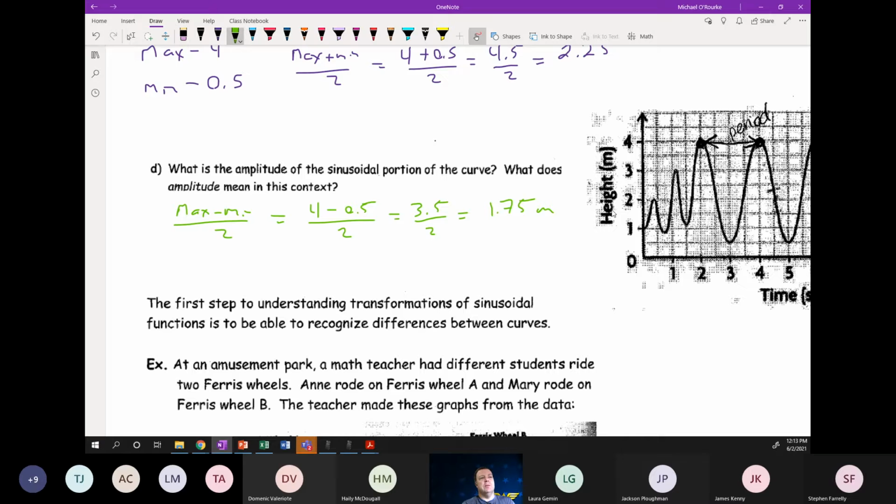Almost. If we draw our 2.25, that's how far he's going up and down from center, right?